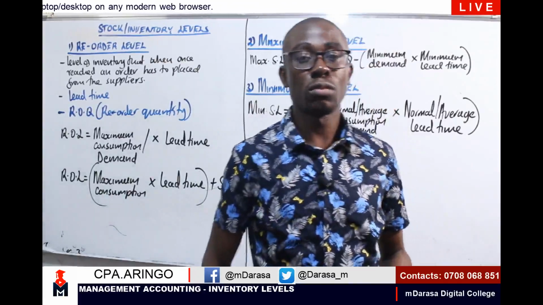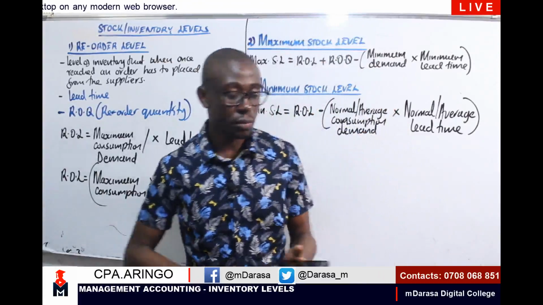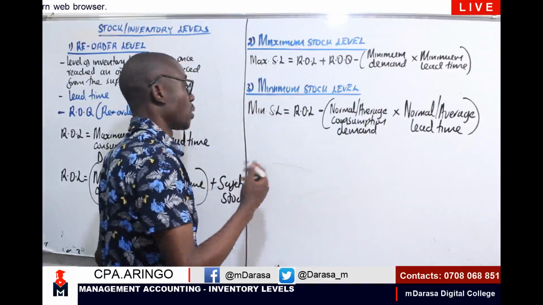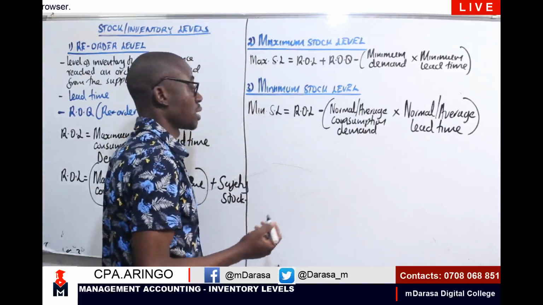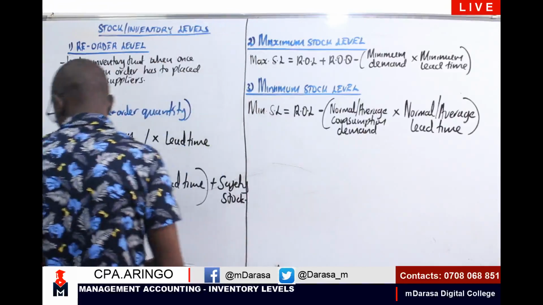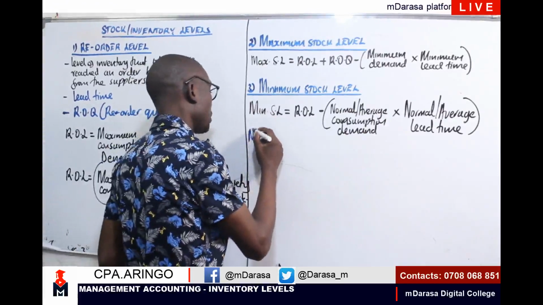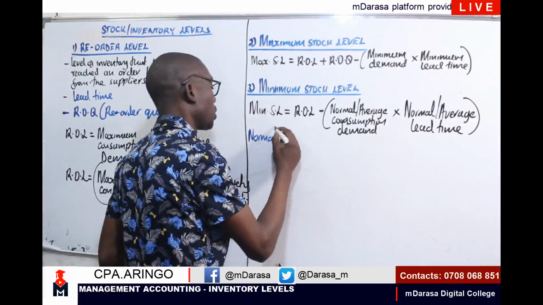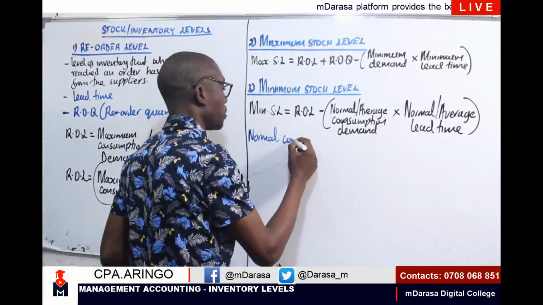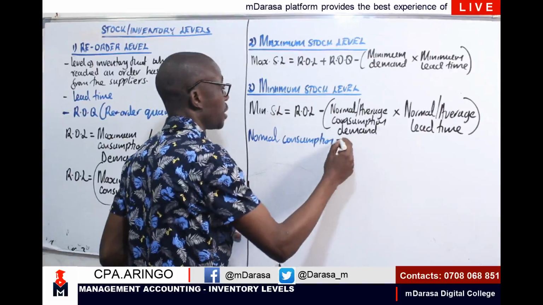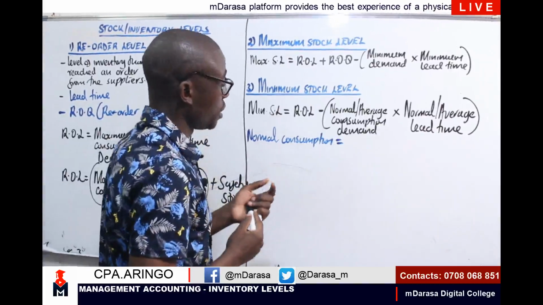I know at this point a person will ask, Mwalimu, how will we determine our normal or average consumption if not given? To determine our normal consumption, or demand, if not given, this will be easy.